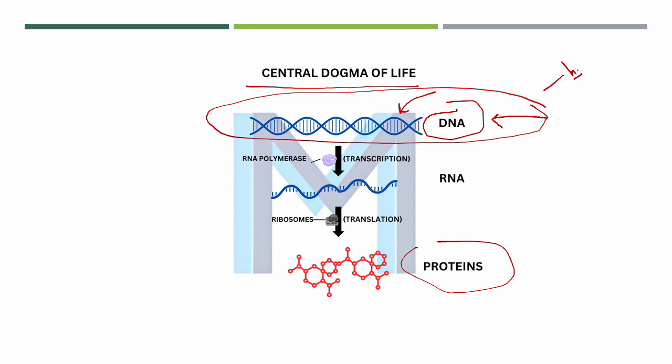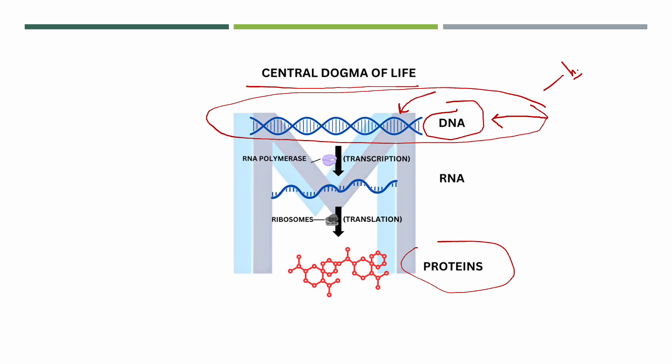Then we have DNA polymerase. Okay, it's not RNA polymerase, that comes later. DNA polymerase adds complementary nucleotides to each of these original strands, synthesizing the new DNA. Now, since DNA strands run in opposite directions, replication occurs differently on each.